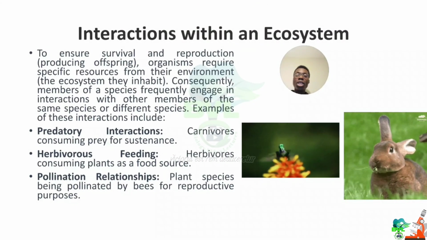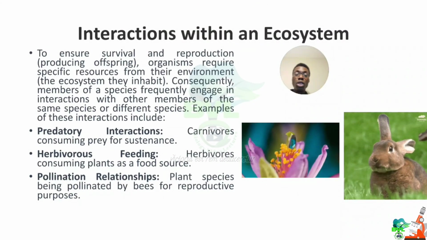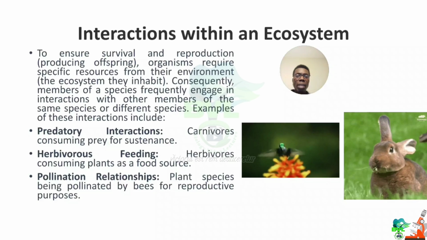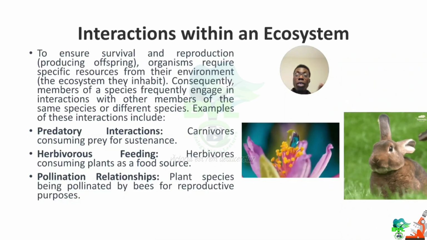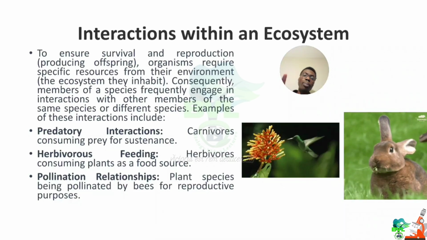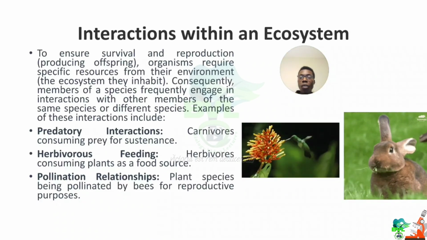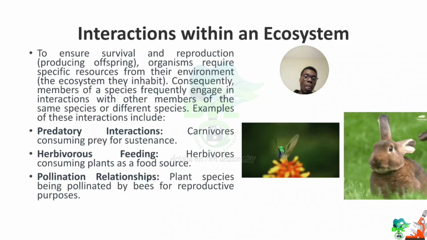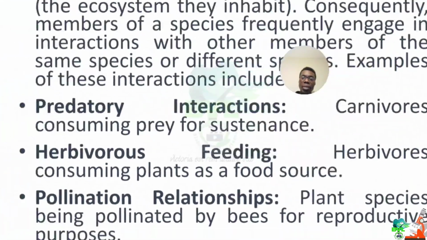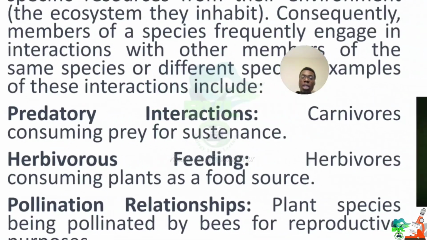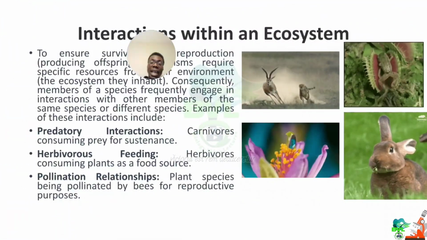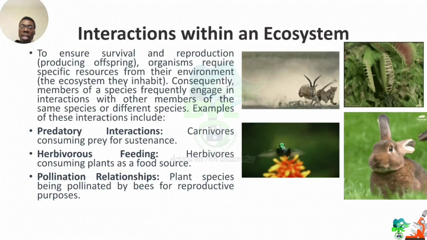Now, the interaction in an ecosystem. Please, you need to remember that in an ecosystem, if you have done the topic food chain, you expect that organisms have to interact. Some organisms will feed on others, some will be fed on. For example, here on this screen, we have the predatory interaction, which means organisms that chase or hunt their prey.